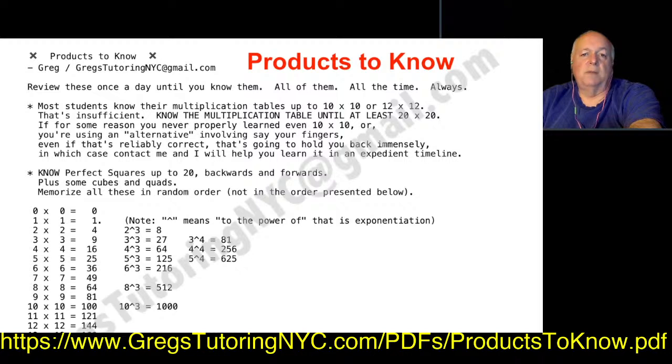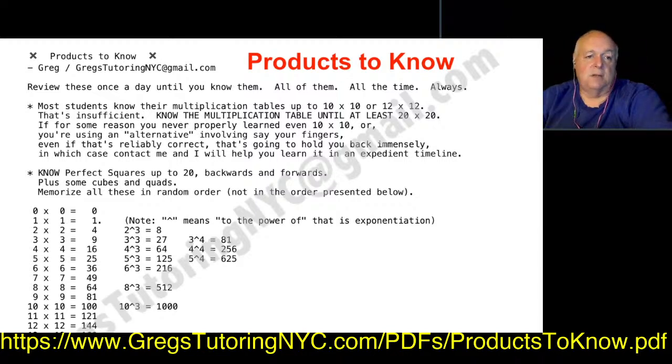So some of you only memorize, say, 2 times 3. You should also be memorizing 3 times 2, right? And you should also be memorizing that 6 divided by 3 is 2, and that 6 divided by 2 is 3. So you want that all there.